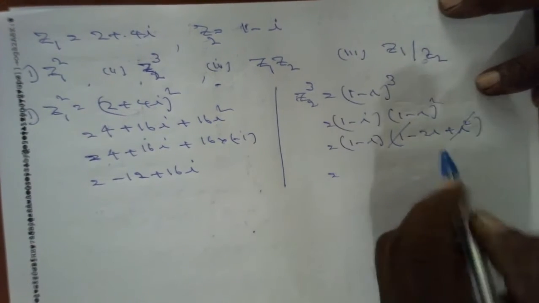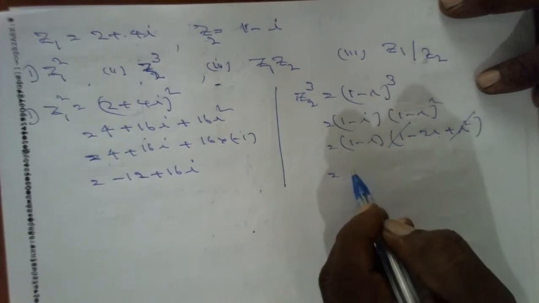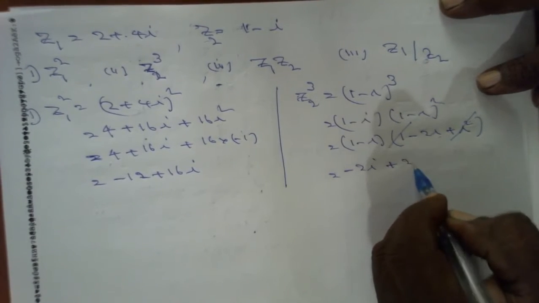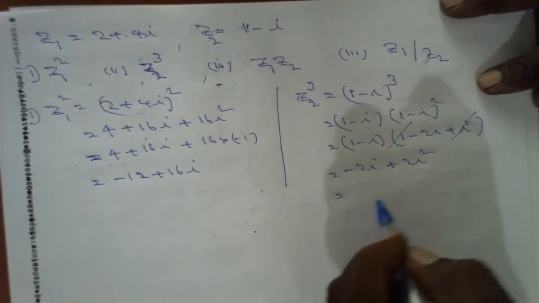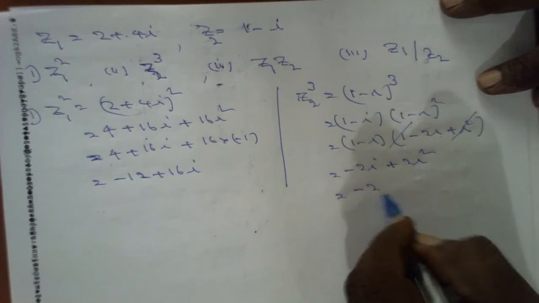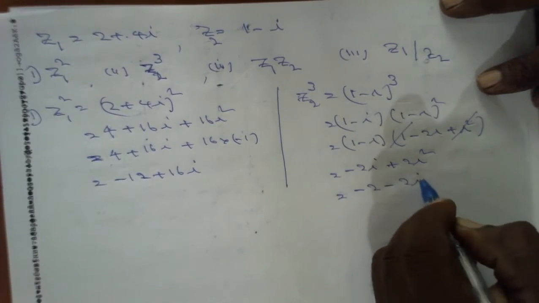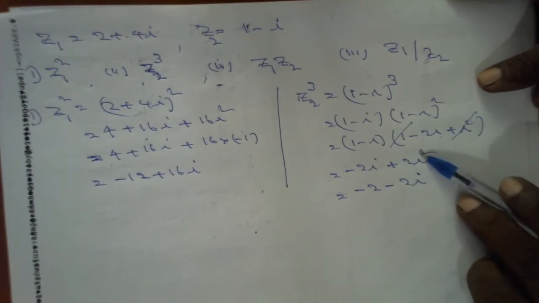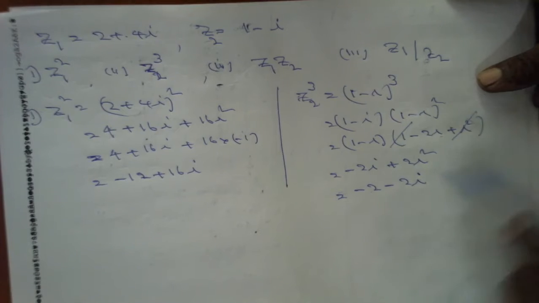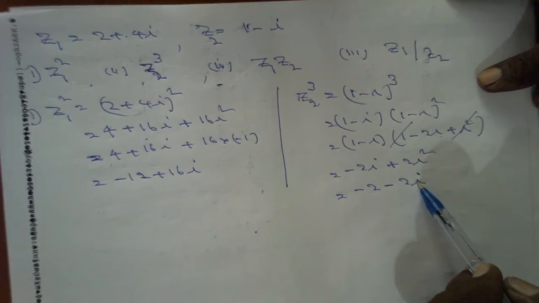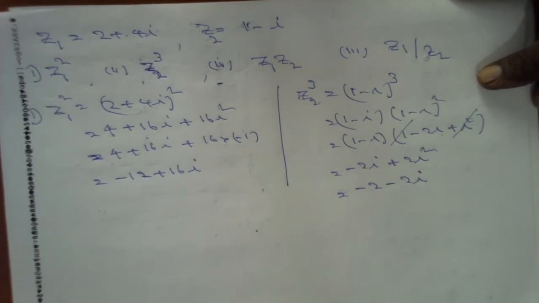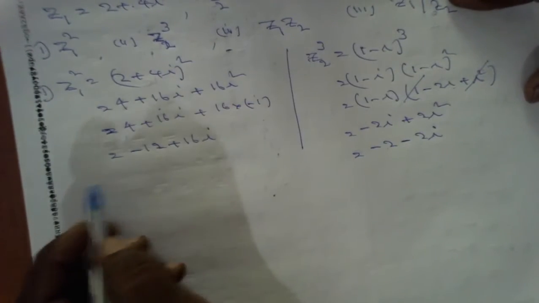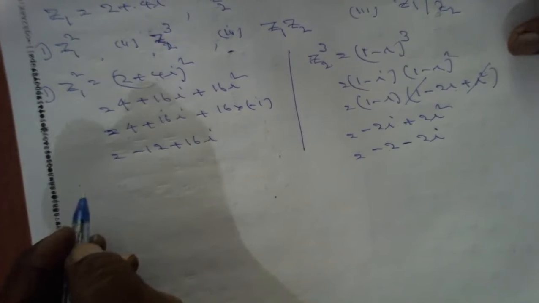Then you can multiply by minus 2i plus 2i squared. So this equals minus 2 minus 2i. Here i squared is minus 1. This term becomes minus 2, right? This term I wrote here, right? Okay. Like that you can simplify.